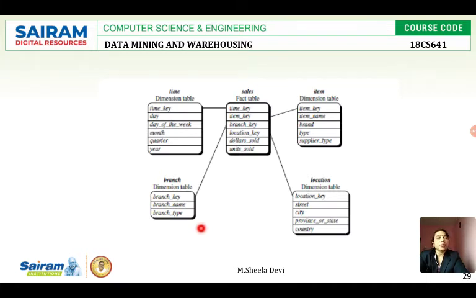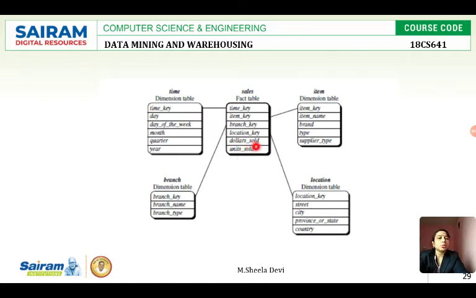So in star schema we'll be having a central fact table, and for every fact table we'll be having certain dimensions. For every dimension we may or may not have a dimension table. Why am I saying that may not? See, if you take time key, item key, branch key, and location key, that is the first four dimensions of this fact table, we have its own dimension table. But if you consider dollars sold and the unit sold, we don't have any dimension table. Why?